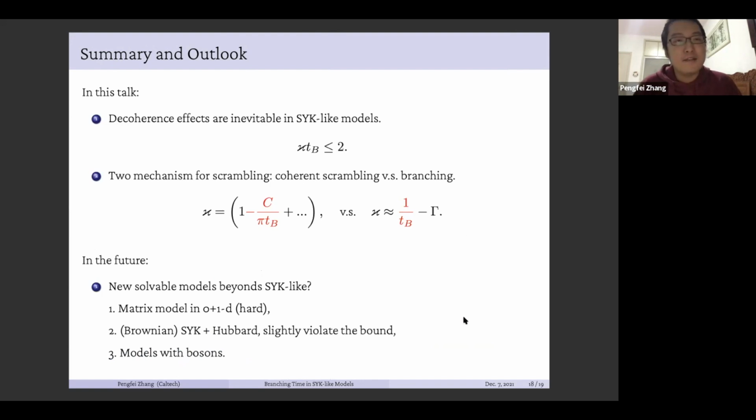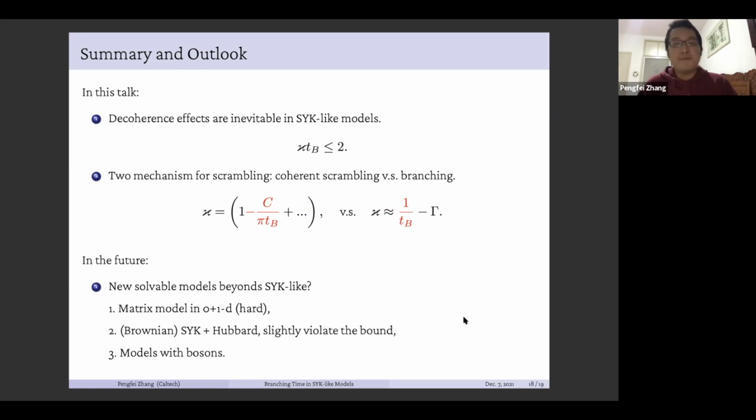So finally, there is a summary of this talk. In this talk, I explained that there will be some inevitable decoherence effect in the SYK-like models. In particular, we proved there's a bound for the branching time, which is given by: the Lyapunov exponent times the branching time will be smaller than 2.